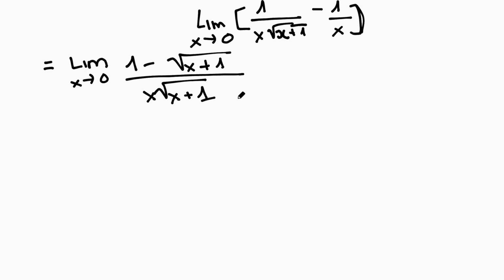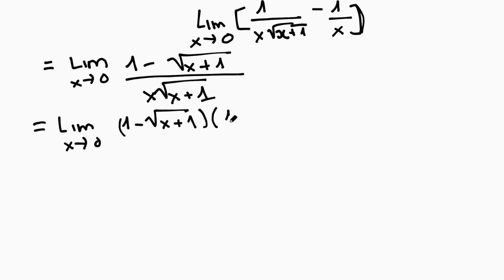And you see that both numerator and denominator have their own square root, right? However, only the numerator here has a conjugate. So I'll just times both of them with the conjugate of the numerator, which is 1 plus square root of x plus 1.